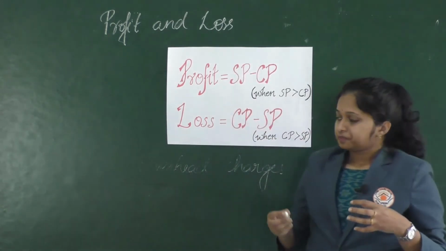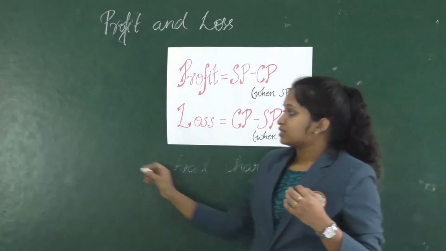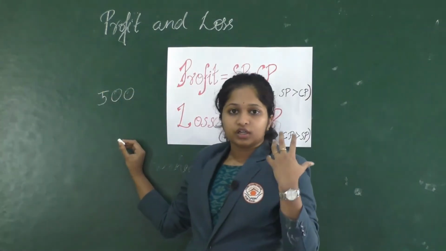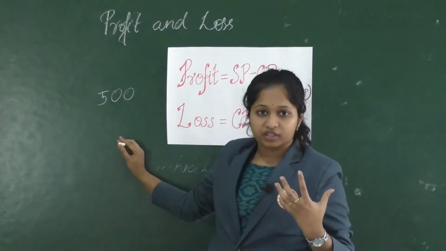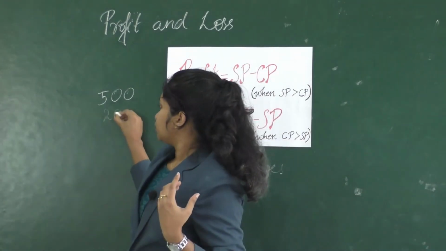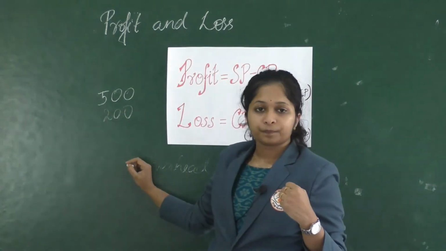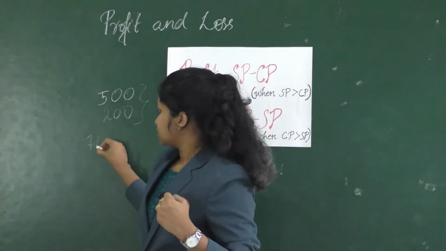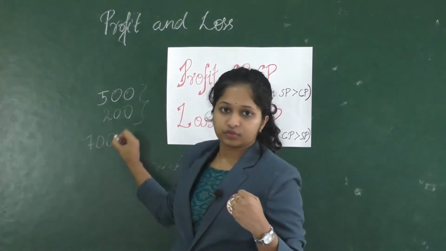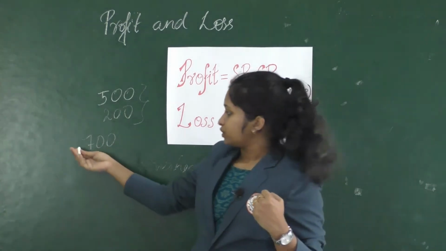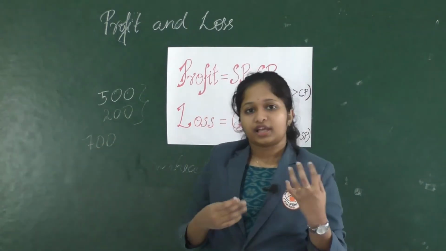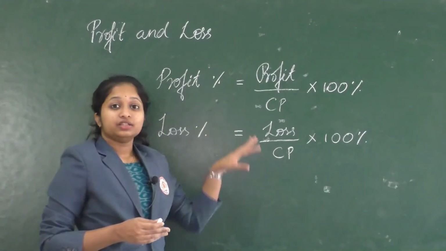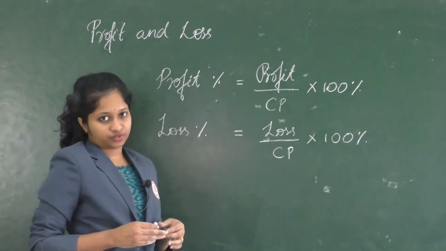For example, if we have rupees 500 for a product, and to repair it we spend 200, then the total cost price should be taken as 700, that is 500 plus 200, which is 700, and from this cost price we should continue calculating the rest of the things.